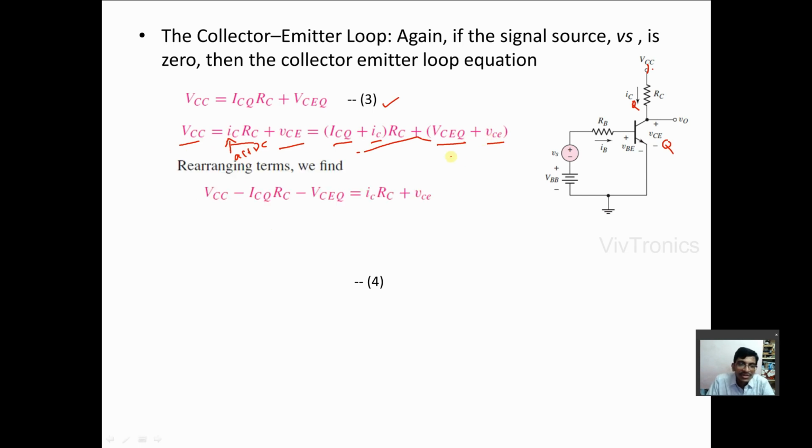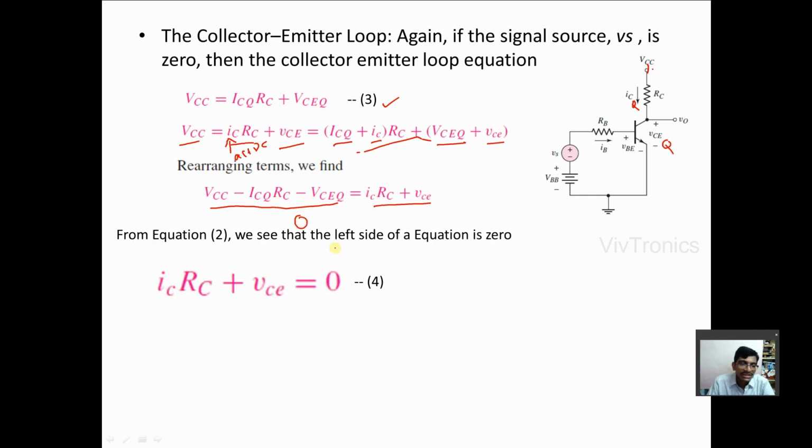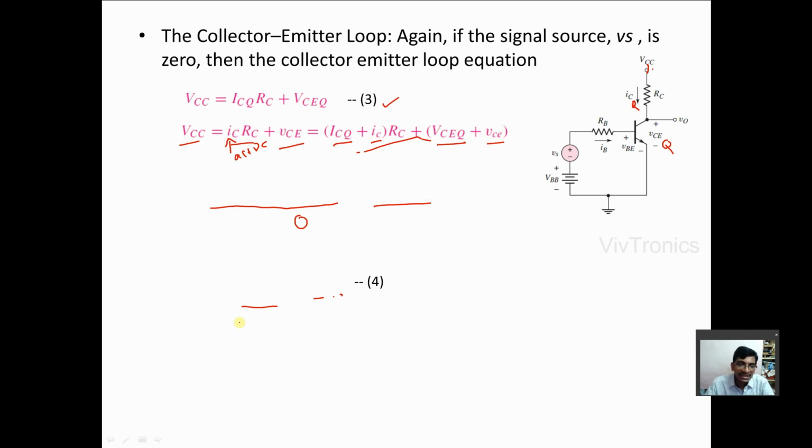After rearranging the terms, with DC on one side and AC on the other, from equation number 3 we get VCC minus ICQ RC minus VCEQ equal to 0. Therefore, the remaining equation is ic RC plus vce equal to 0, equation number 4. From equations 3 and 4 we can draw the AC equivalent circuit.